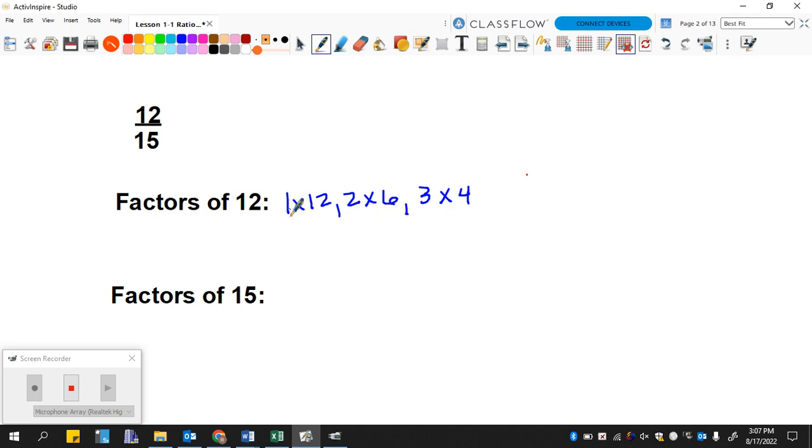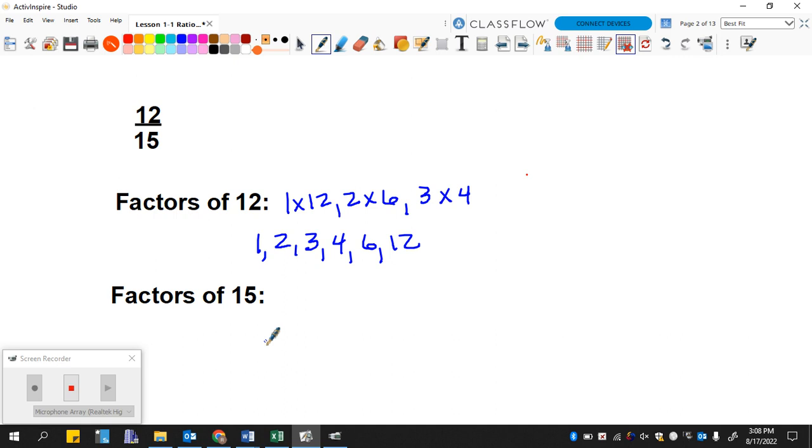So the factors of 12 are 1, 2, 3, 4, 6, and 12. You notice I went 1, then 2, then 3, and I would have just continued that trend.